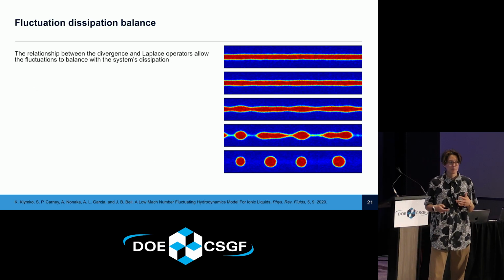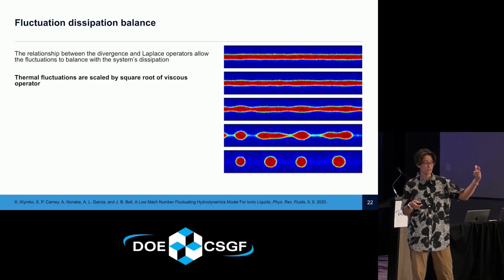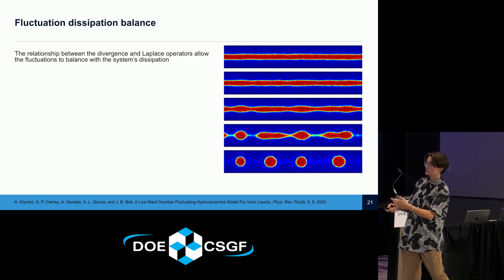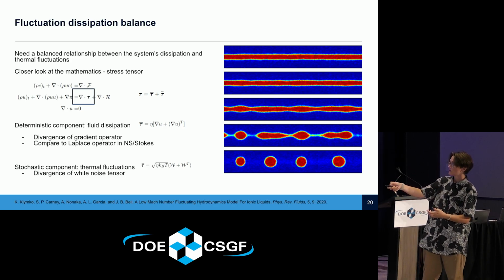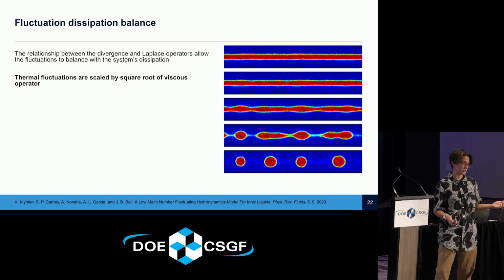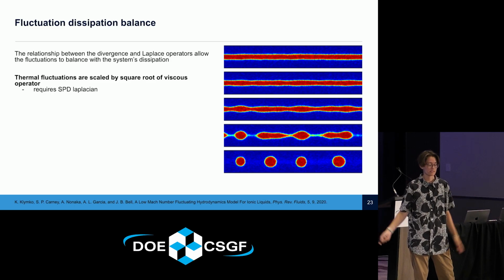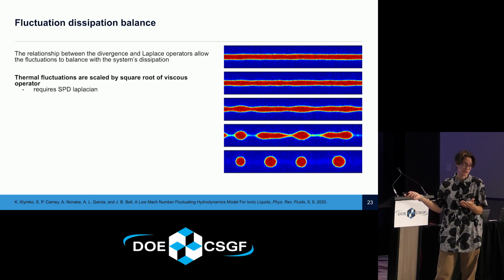In order for this to be balanced, we need this divergence operator to be the square root of the Laplacian. If that happens, then we've satisfied our balance and we can actually run these simulations.